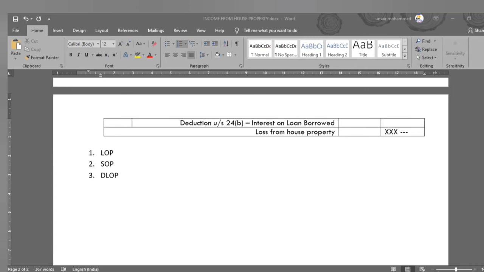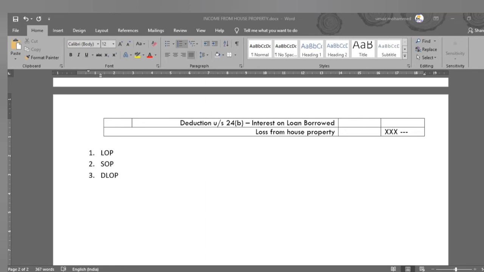Now as per the rules, the income tax department says you can have multiple properties. Let's say I have 5 houses and all 5 I've given on rent, or let's say I've given 4 on rent and 1 I stay in myself. So 4 let out properties and 1 self-occupied property.